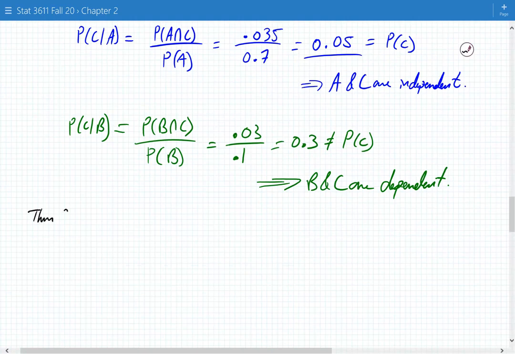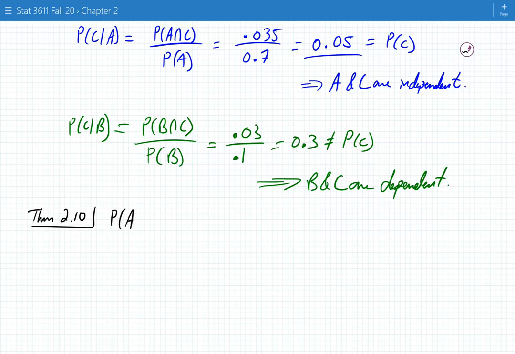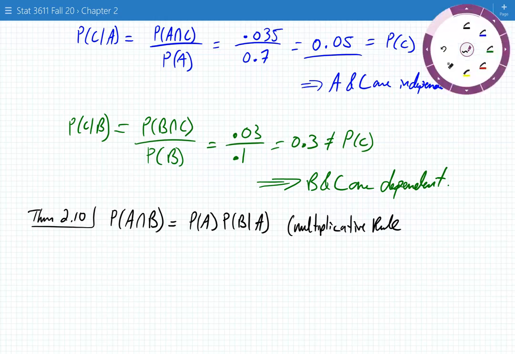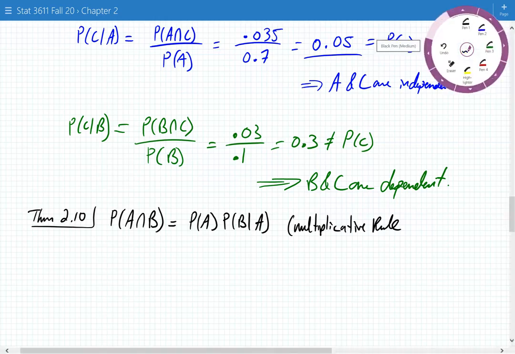Theorem 2.10 says, basically, after we understand what conditional probability is, we have another way to compute the probability of the intersection of two events, and that is just the probability of A times the probability of B given A. This is called the multiplicative rule.